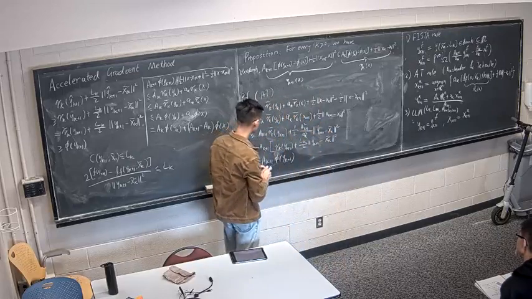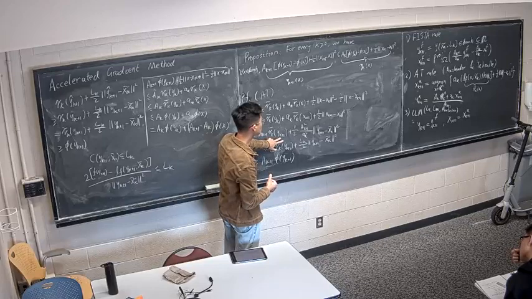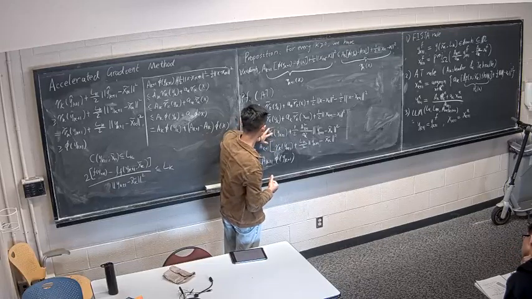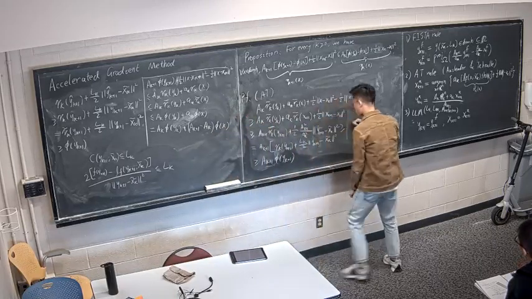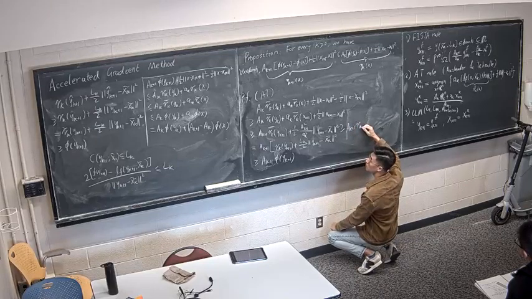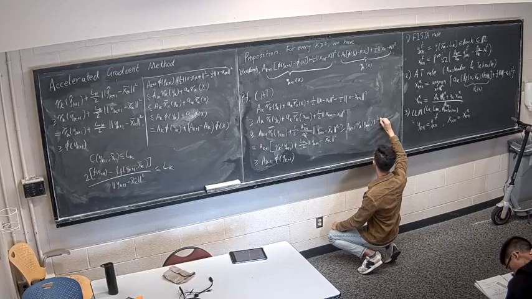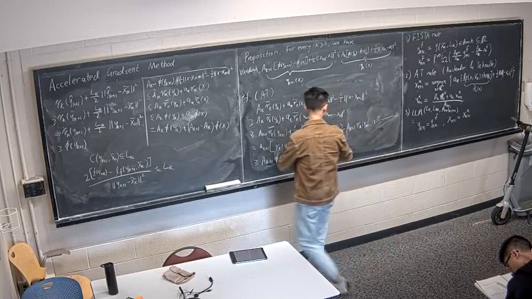And because gamma tilde k at this point, so let's add one more line. Plus the same quadratic as here.